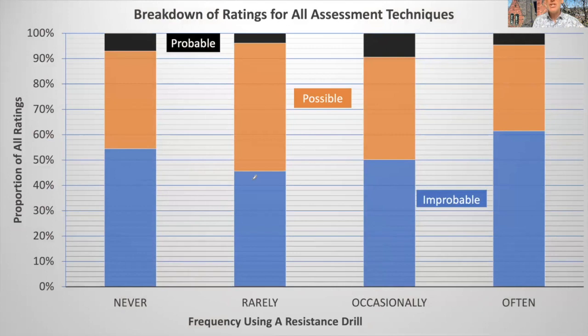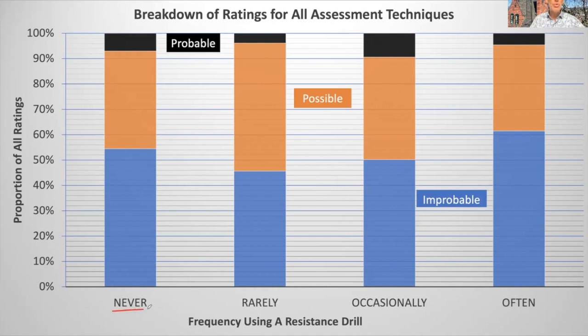The frequency of using tomography, not just being familiar with it, but using it on a regular basis, and the frequency of using resistance drills on a regular basis, definitely influenced how assessors assigned likelihood of failure ratings. So again, we're looking at the proportion of all of the ratings. It's 18 assessors and 30 trees.